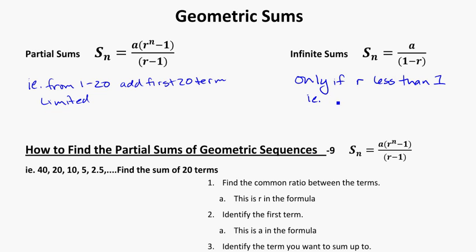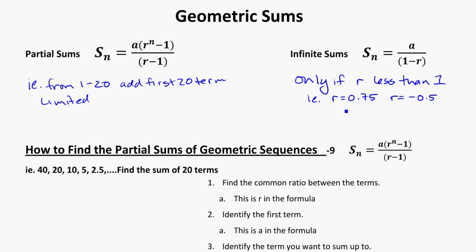So examples of that could be r is equal to 0.75, r is equal to negative 0.5. And I guess instead of saying less than 1, we should say between negative 1 and 1.